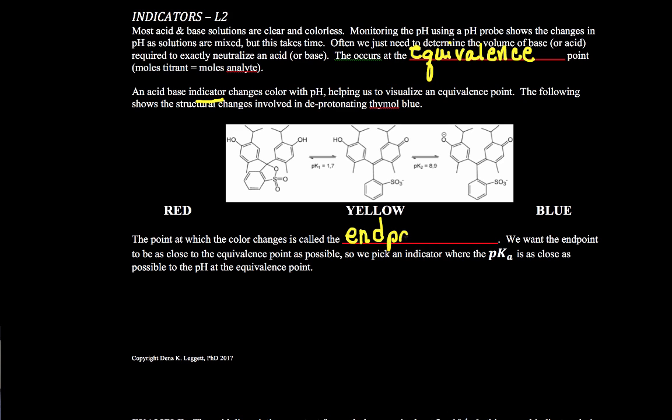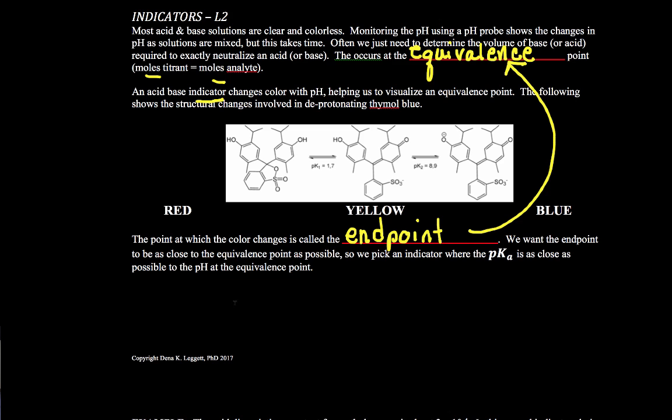A titration is when you slowly add a titrant into an analyte, and when those are equal, we have an equivalence point. If we add an indicator, our goal is that it changes color as close to that equivalence point as possible. So you want that end point to be as near the equivalence point. Those are not the same terms. That's why I'm saying them a few times to help you get that straight.